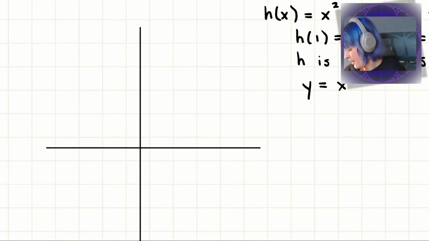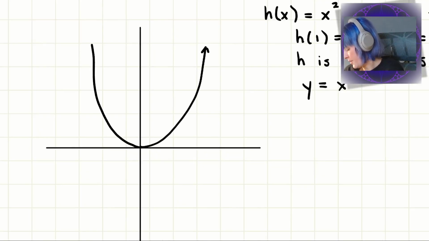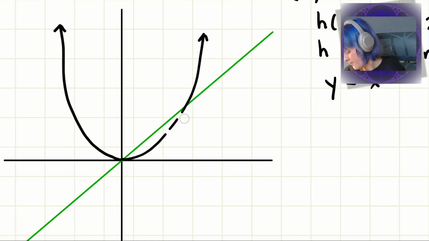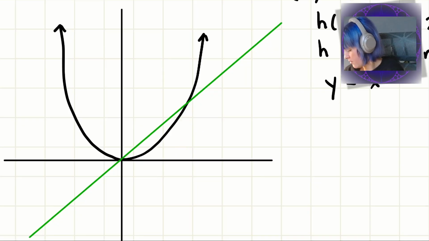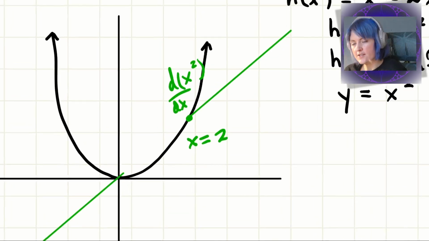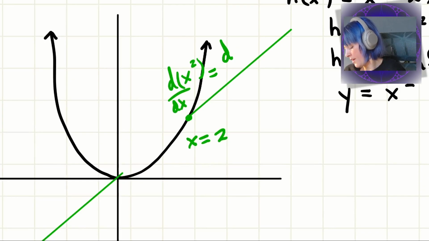What that is telling the examiners is that we know we're looking at x equal to 2, and we just showed that x squared is equal to 2x at this point.